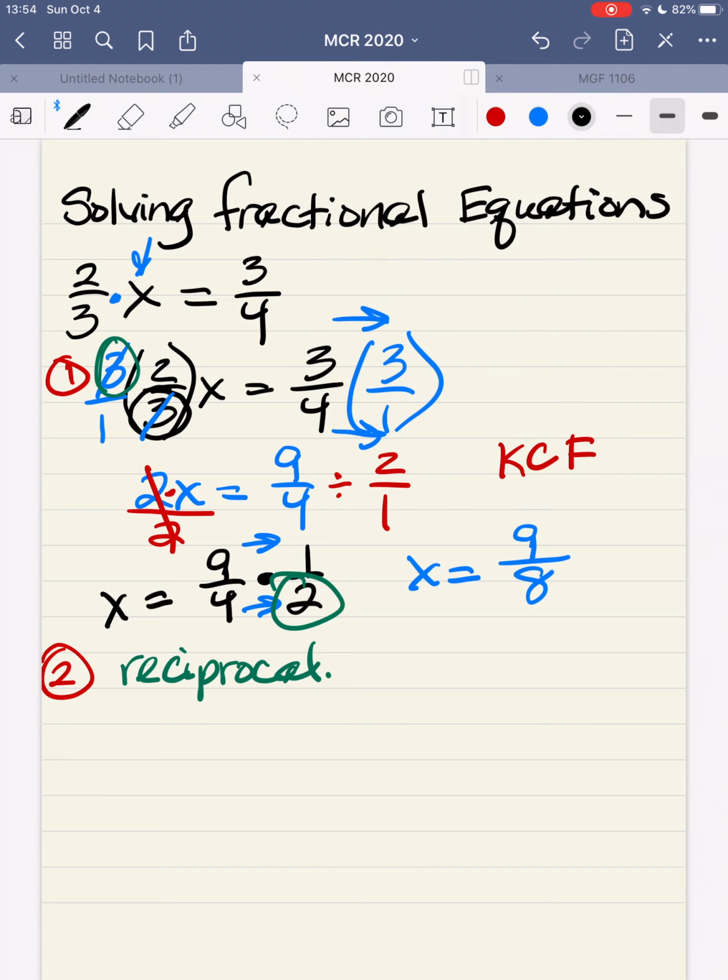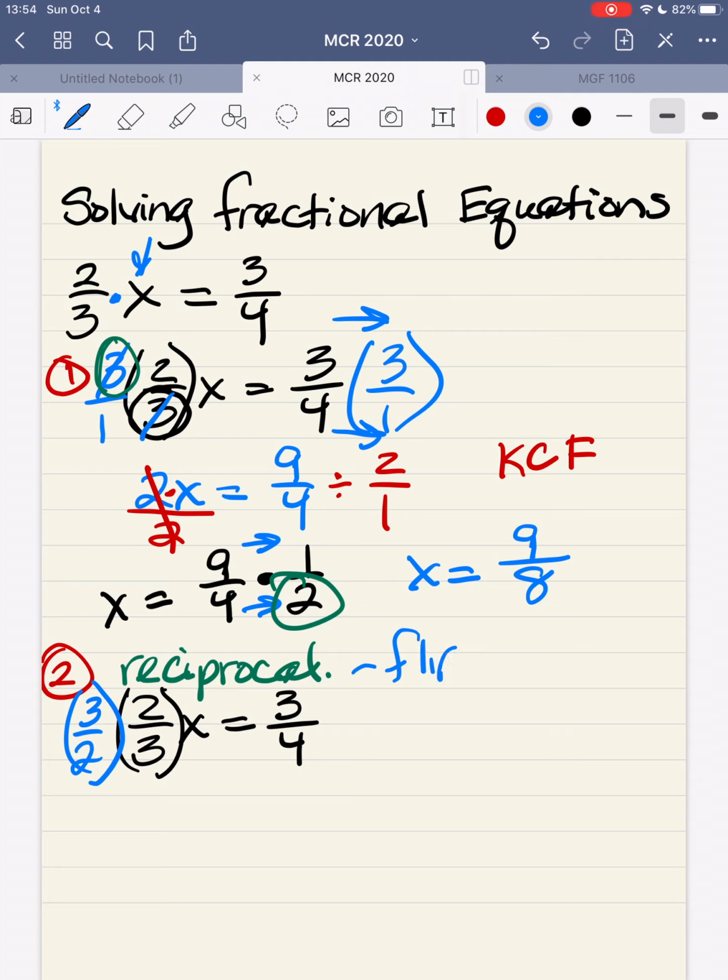Okay. So if I have 2 over 3 x is equal to 3 over 4, if this fraction is being multiplied by my variable, I can go ahead and multiply by what we call the reciprocal or the flip of that fraction.